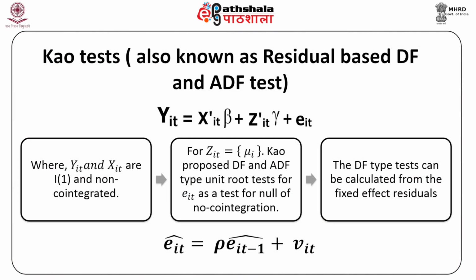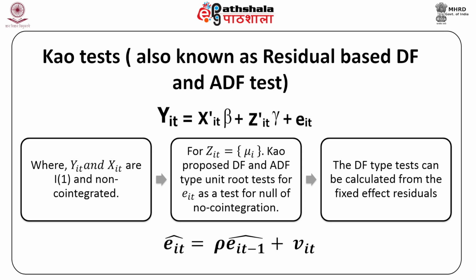1. Kao test, also known as the residual-based Dickey-Fuller and augmented Dickey-Fuller test. Consider the panel regression model Y_it = X'_it β + Z'_it γ + e_it, where Y_it and X_it are I(1) and non-cointegrated, for Z_it = μ_i. Kao proposed Dickey-Fuller and augmented Dickey-Fuller type unit root tests for e_it as a test for the null of no cointegration.